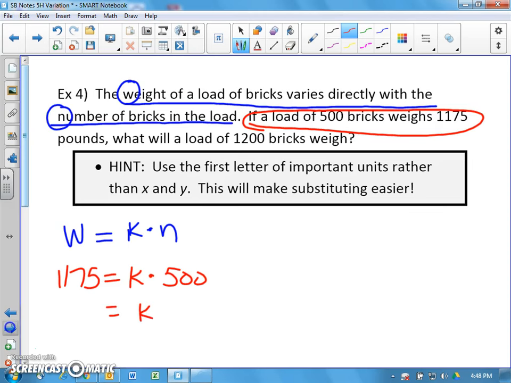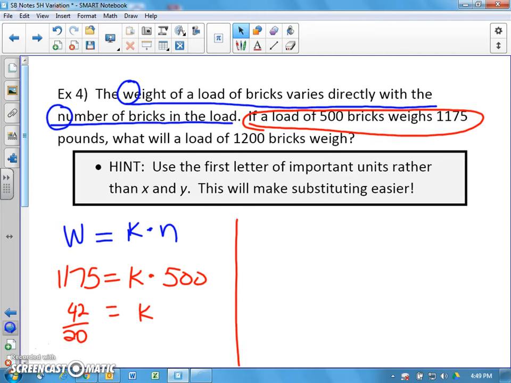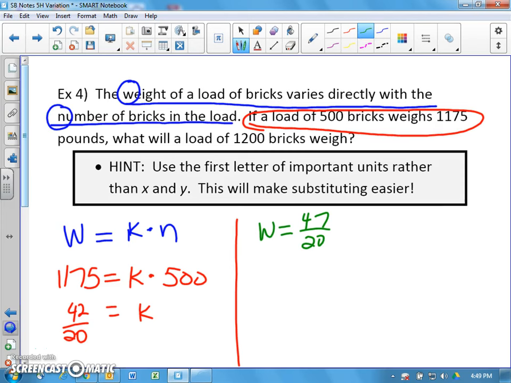If I solve this for k, what I'm going to get is the fraction 47 over 20. Now we're going to take this and substitute in. We're going to reset our equation, plugging in our constant of variation. So we've got 47 over 20 times n. Oops, I said that correctly, I wrote it wrong. Make sure that you have the correct constant of variation.